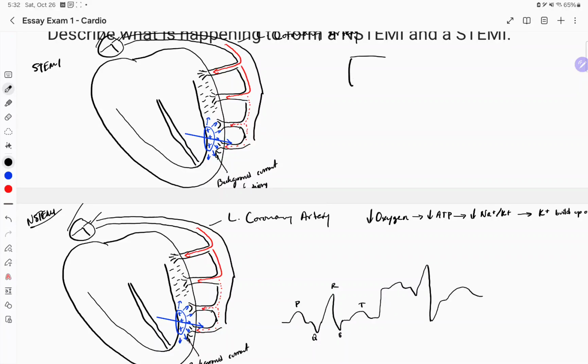I think I'm confusing myself here, but I just remember that, as the cells die, because the sodium potassium pump is not working properly, then your gradient of potassium inside and outside the cell is decreasing and kind of reaching a sort of equilibrium. So for STEMI, now you've had more cells that have died, which I guess would mean that they're more negative and they're not depolarizing.